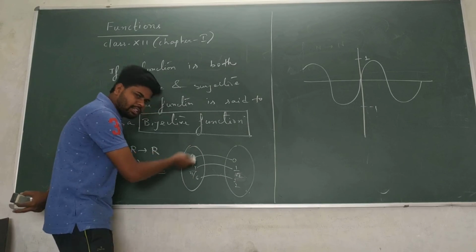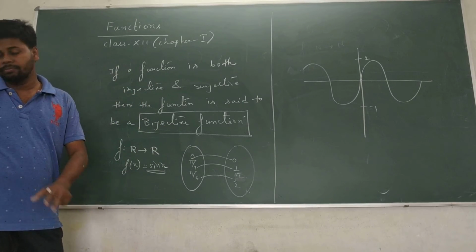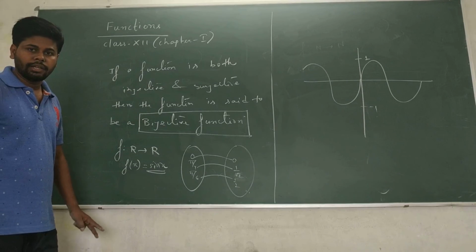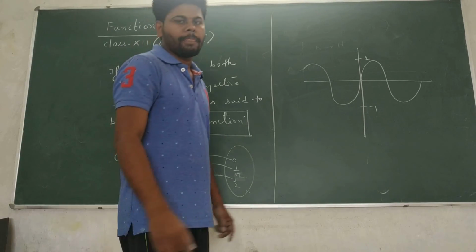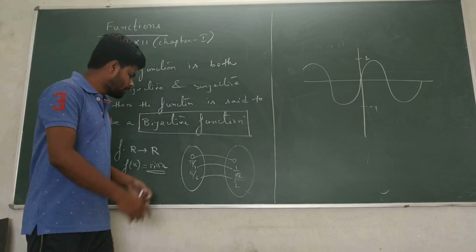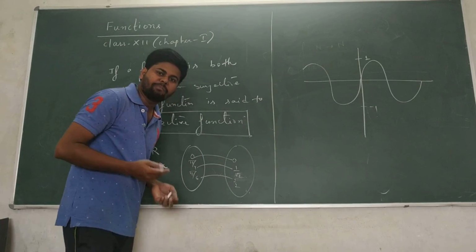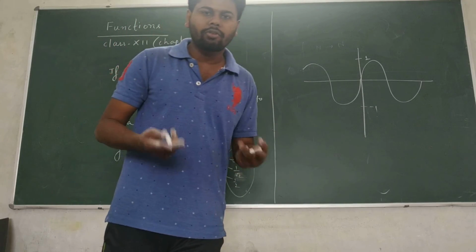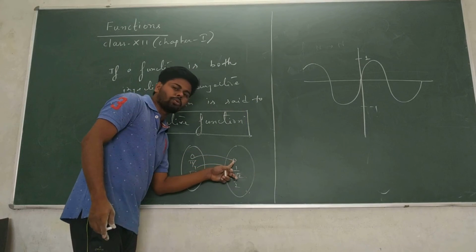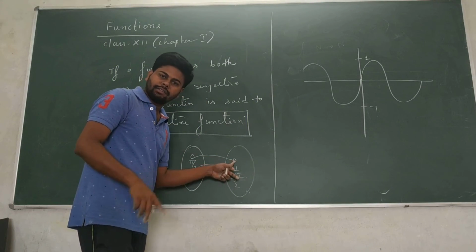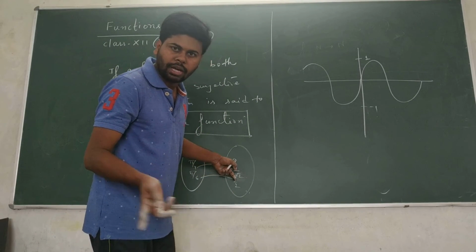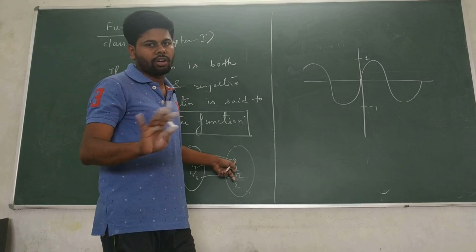Correct? So you can see whether this function is 1-1 or not. Is it 1-1? It is not 1-1, because if I take many values like sine n pi, all the multiples of pi will go to 0. Sine pi is 0, sine 2 pi is 0, sine 3 pi is 0, so it is not 1-1.